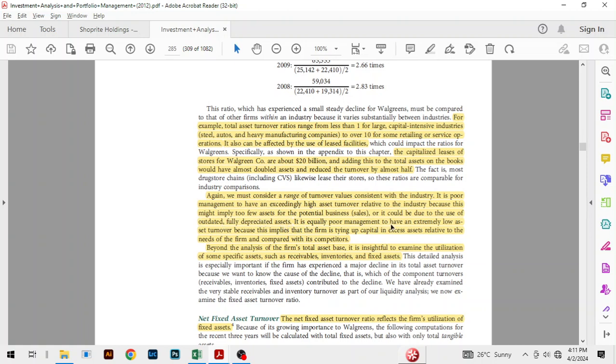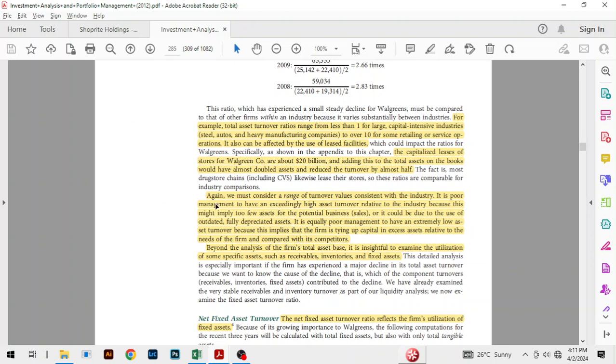It is equally poor management to have an extremely low asset turnover, because this implies that the firm is tying up capital in excess assets relative to the needs of the firm and compared with its peers.